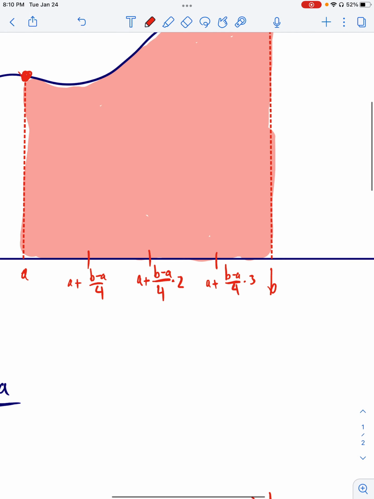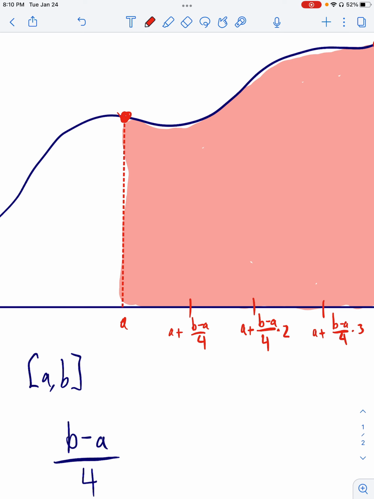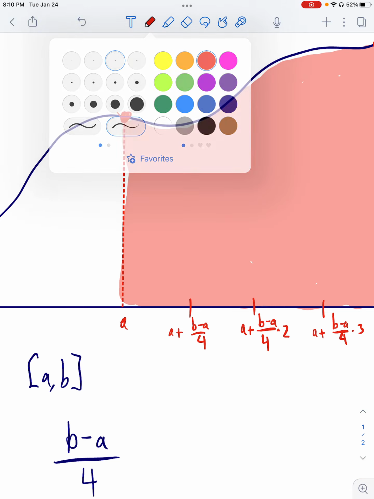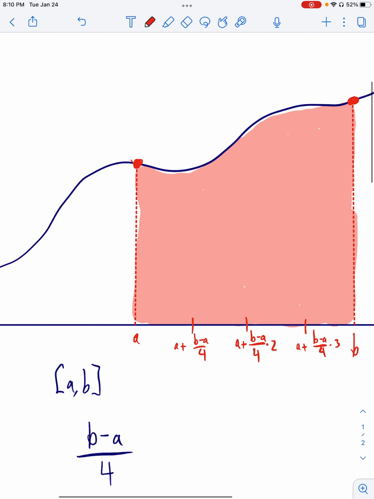So let's think about this. This first rectangle here, let's finish drawing it first of all, sorry. It's a right Riemann sum, so I'm going to draw up from the right endpoint of that first subinterval and over, and then down.